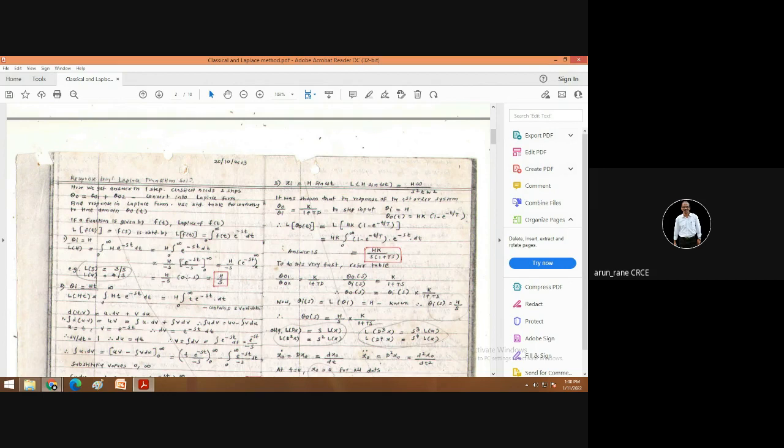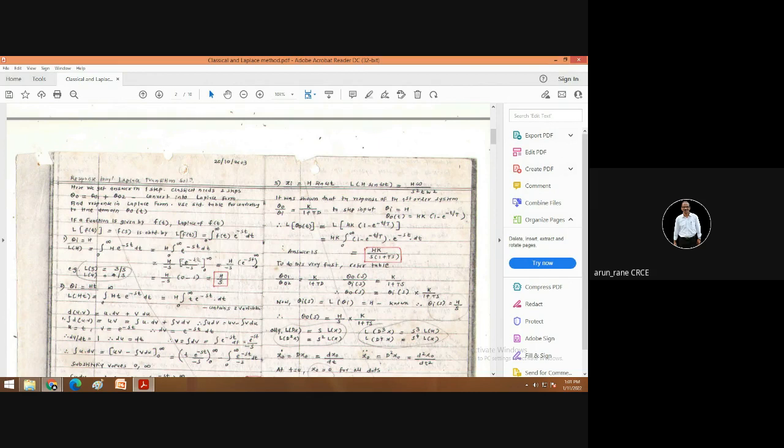So minus s now I am taking out, so h upon minus s into bracket. Now substitute the value of t as infinity, the upper limit. So e raised to minus infinity, or 1 upon e raised to infinity, that is 0.